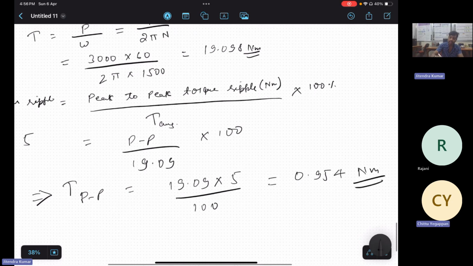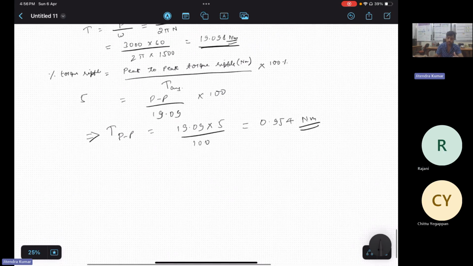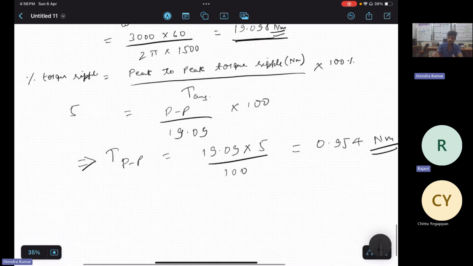It does make sense also: for 19 Newton meter of torque, 5% torque ripple means approximately 1 Newton meter of torque ripple will be there, right? I hope there is no doubt here. Yes, sir, no doubt.